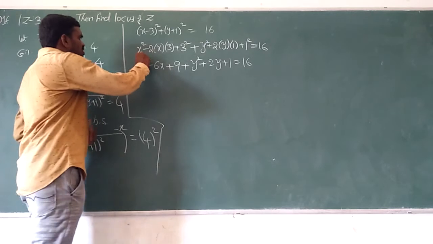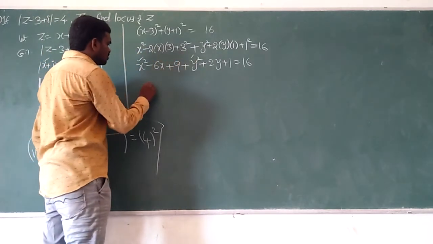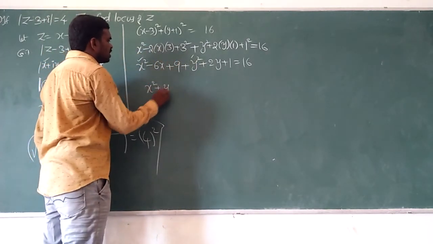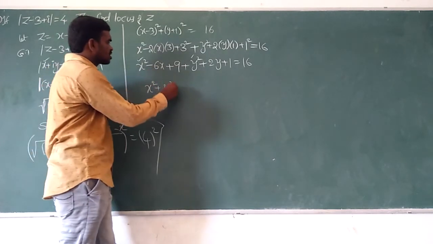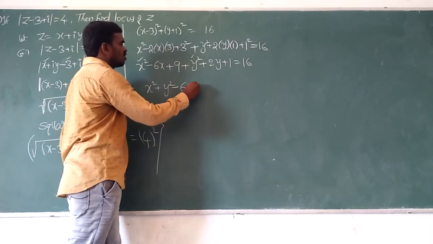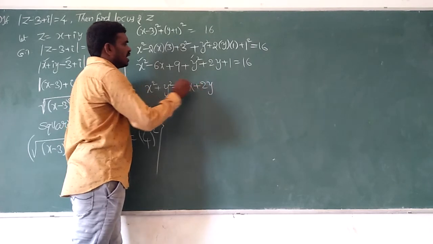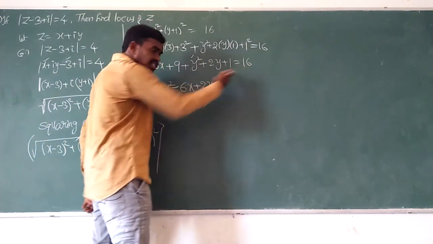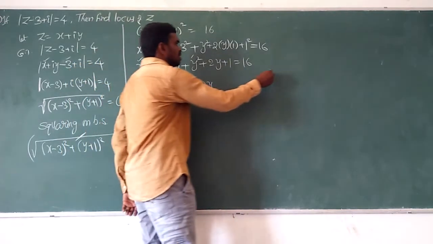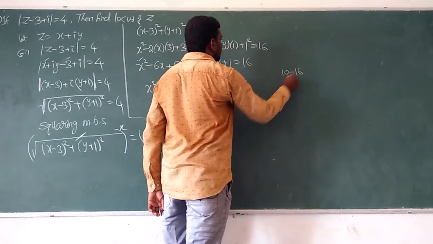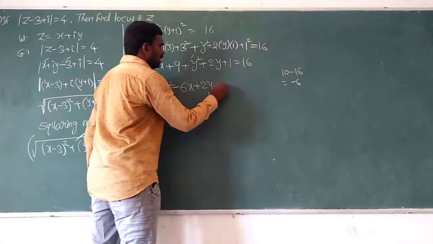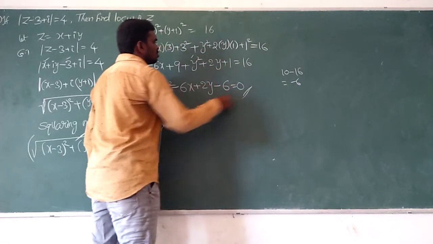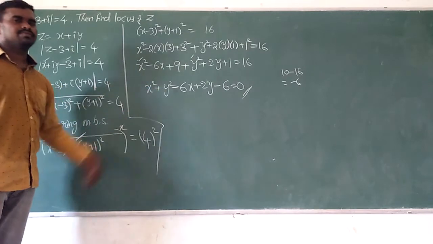Write x square term, y square term, then x term minus 6x, y term plus 2y, and the numbers 9 plus 1 is 10. Bringing 16 to the left side it becomes minus 16, so 10 minus 16 becomes minus 6, equal to 0. So this is the locus of z.